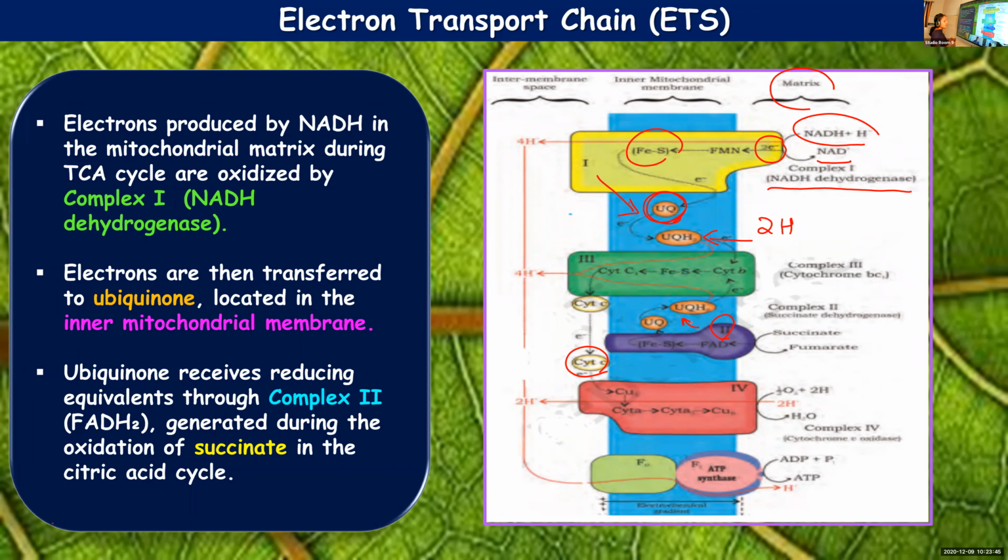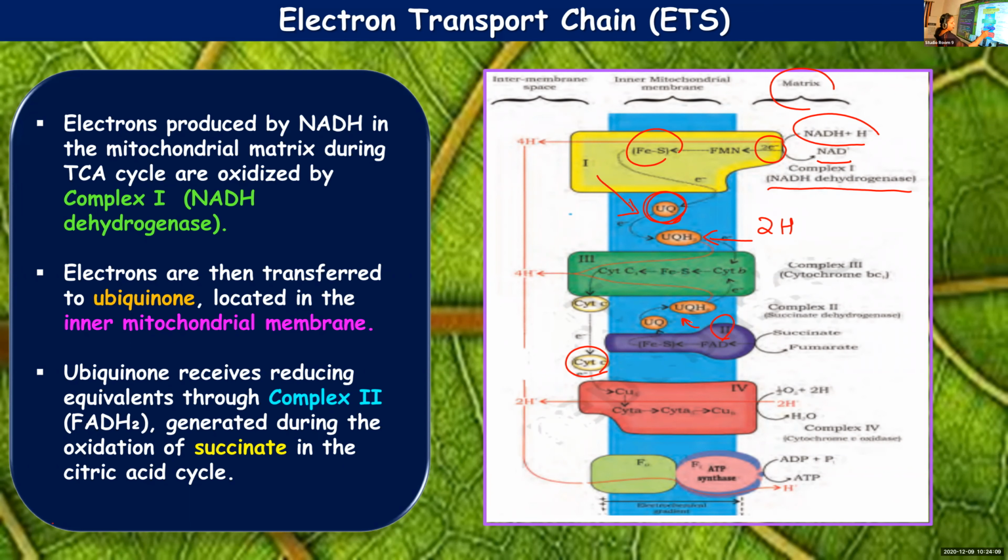So when succinate dehydrogenase converts succinic acid into fumaric acid, what happens? FADH2 is produced. And the electrons released from FADH2 will be passed through this complex, through the iron sulfur compounds.